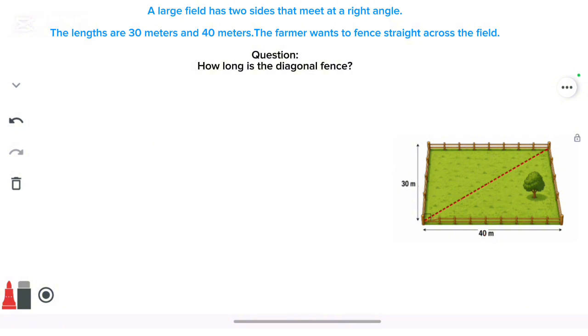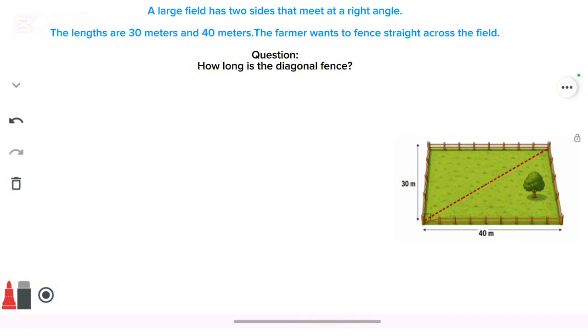The farmer wants to fence straight across the field. So the field is 30 meters, the field is 40 meters, and the farmer wants to fence straight across the field. That's the line there.